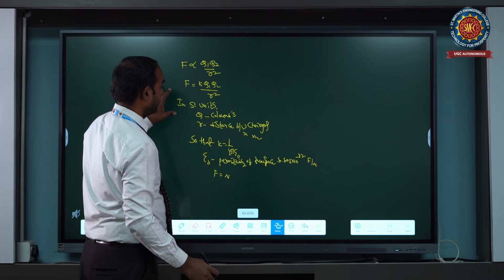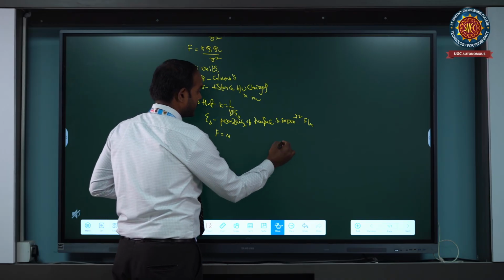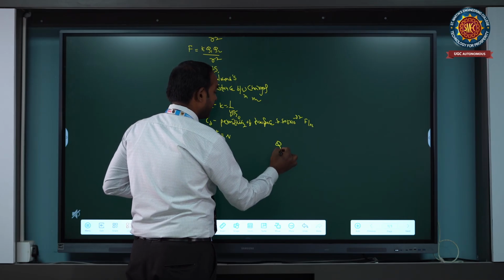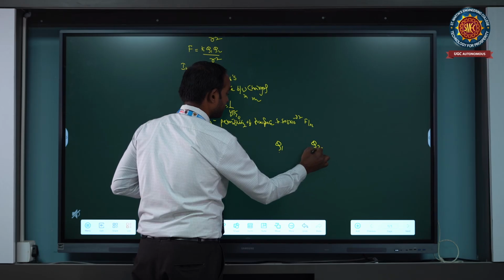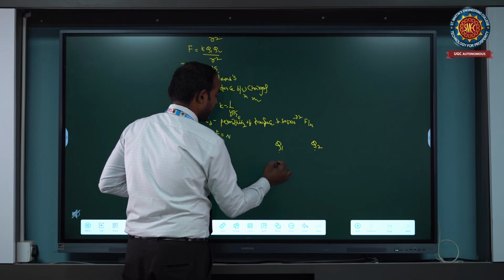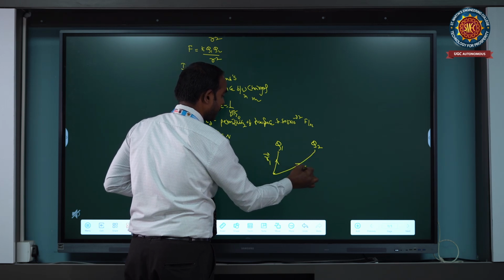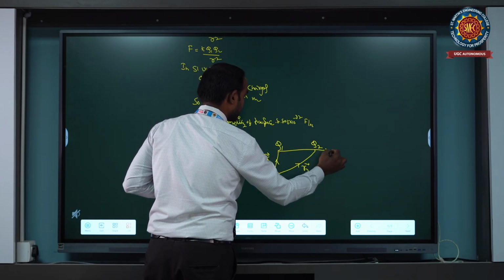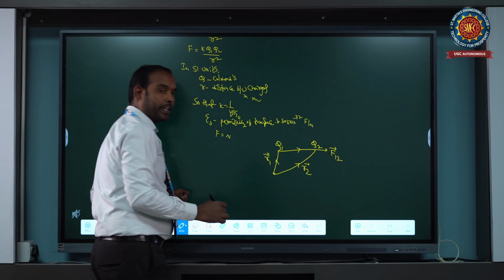Mathematical vector form. Let us say two charges are located at two points with the position vectors r1 and r2 from the origin. The force between the two charges is along the line joining them.